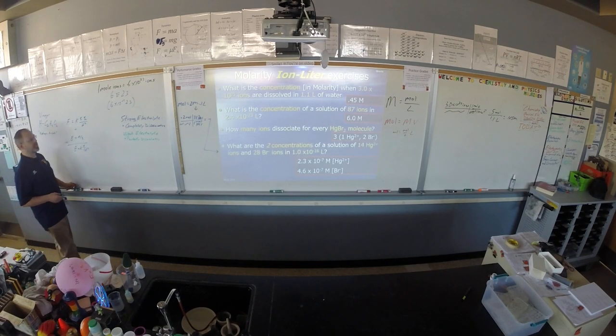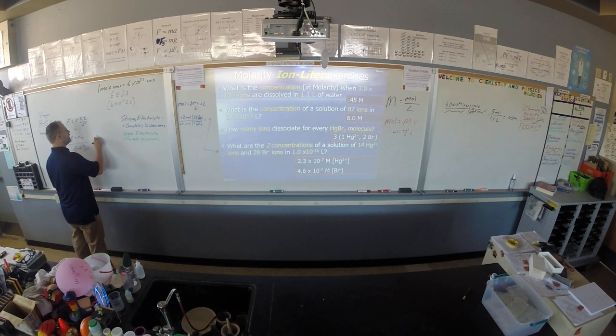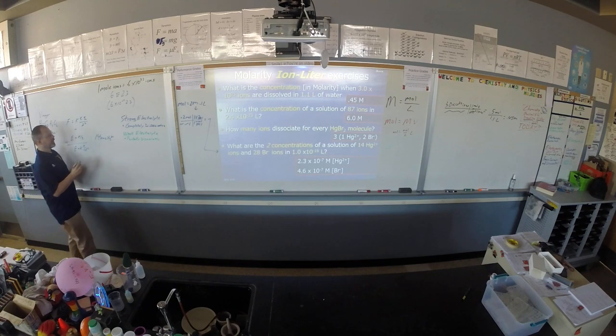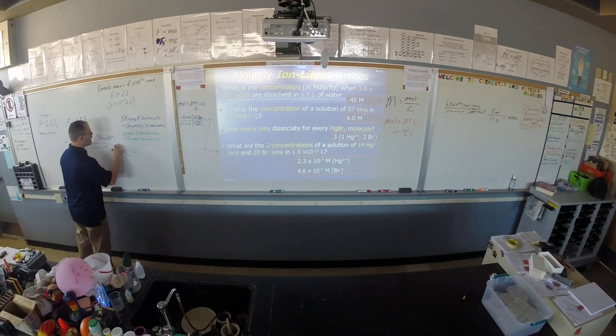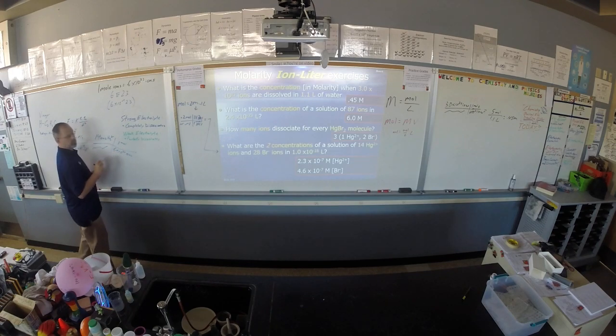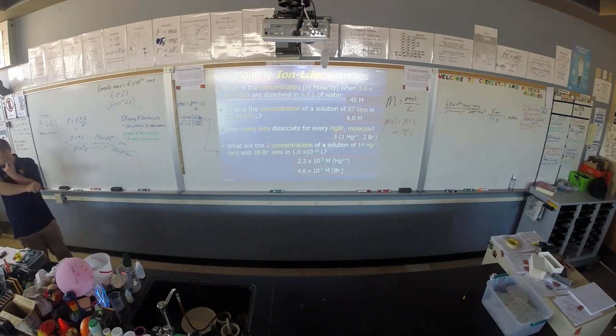So we're basically taking the 14 ions of mercury 2+. And we're realizing that there are 6 times 10 to the 23rd ions in 1 mole of anything. So far so good?